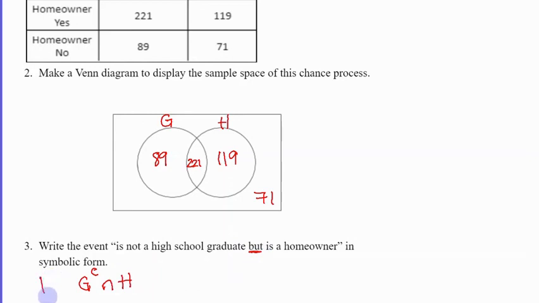So, if we want to find the probability that someone is not a high school graduate but is a homeowner, they're a homeowner, so we know that they're going to be in the right-hand circle, but they are not a high school graduate, so they are not in this middle part. They are only in the right circle, not in the left circle. So if we wanted to find this probability, that would be 119 over 500, which is 0.238.